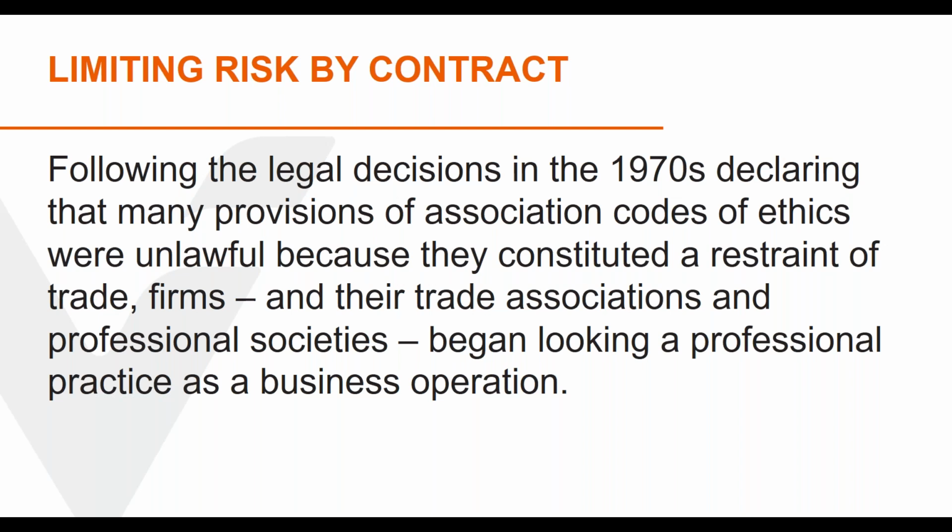In NSPE versus the United States, the US Supreme Court upheld a lower court decision that nullified the provisions in the canon of ethics as a violation of the Sherman Antitrust Act. In his opinion for the majority in that case, John Paul Stevens reviewed antitrust precedents, including how the court earlier had interpreted a law in a case that ruled that attorneys could advertise to distinguish regulation of professions from ordinary businesses.